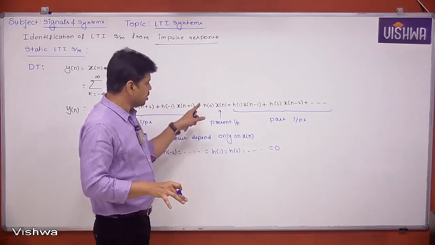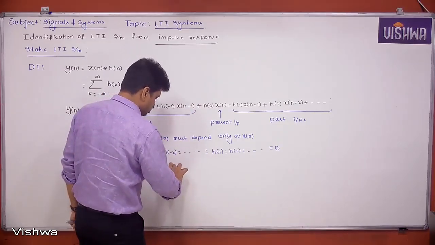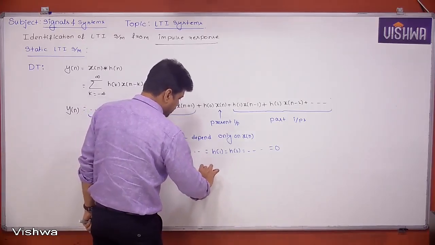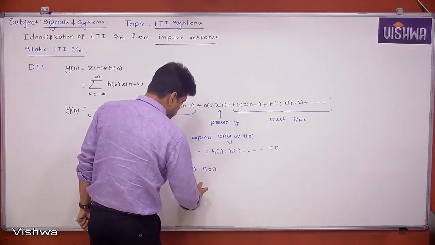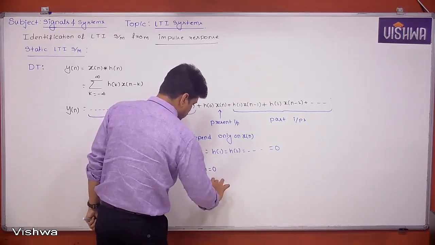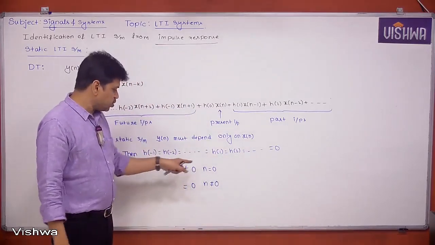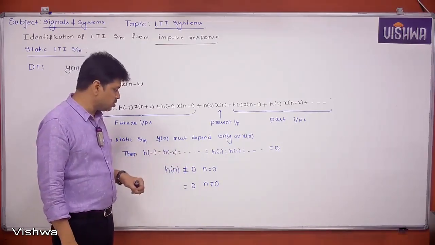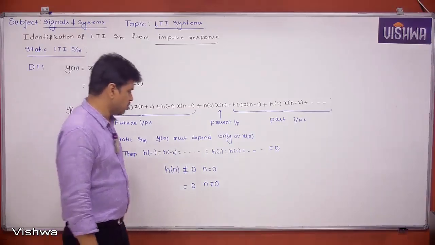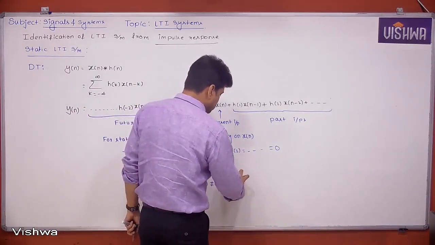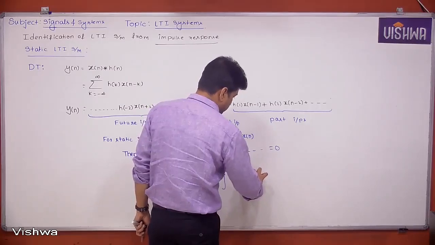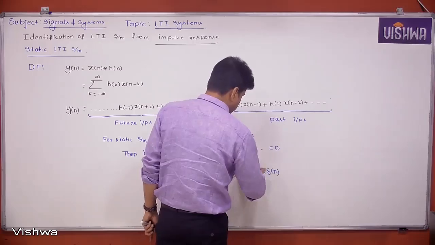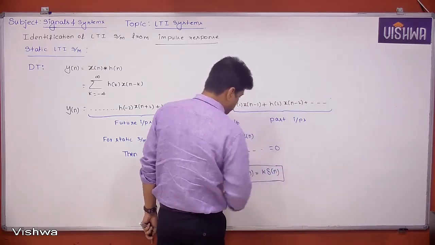Suppose I take h of n: it is not equal to 0 for n equal to 0, and equal to 0 for n not equal to 0. Which kind of signal exists only at n equal to 0? That is nothing but the impulse function. So from this we can conclude that h of n must be of the form k delta n.